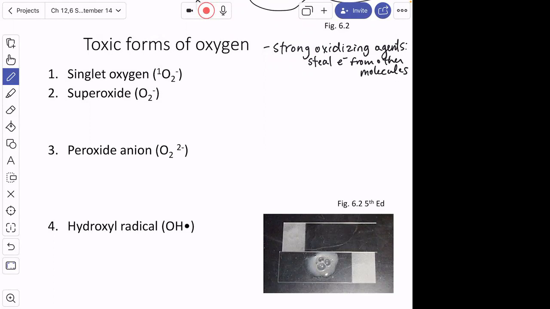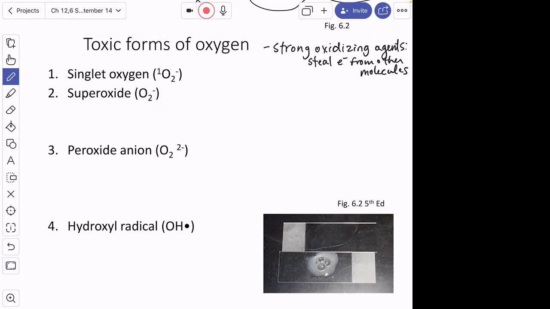I don't need you to memorize the chemical formulas of these. I'll let your chemistry professors work out the chemistry of this if they want to, but you should recognize at least a couple of these that we're going to talk about in a little more detail. We already talked about why these forms of oxygen are dangerous.